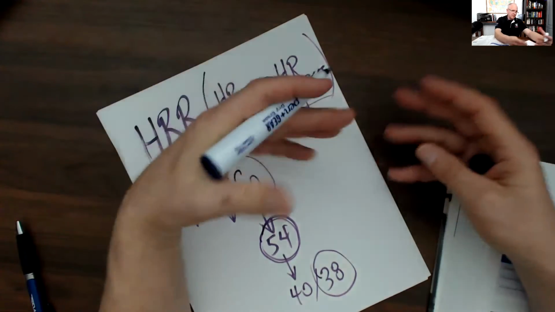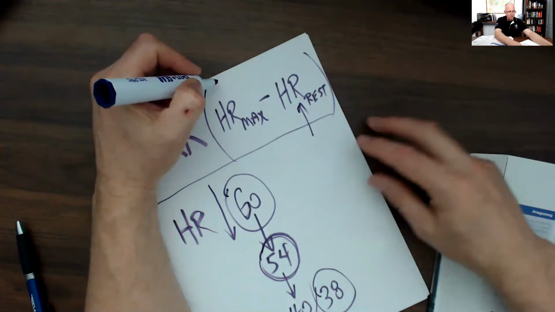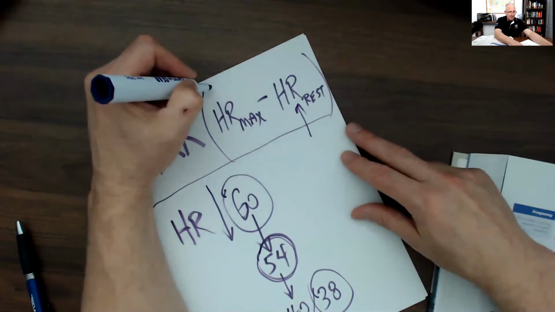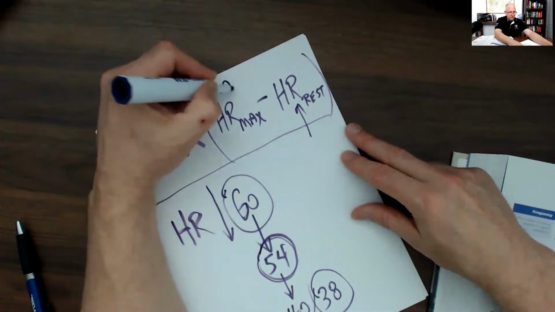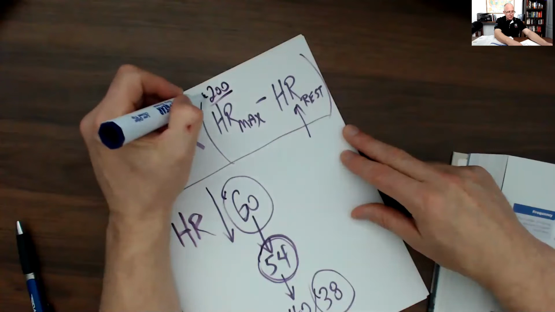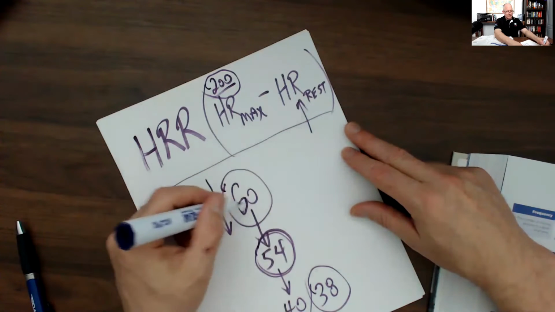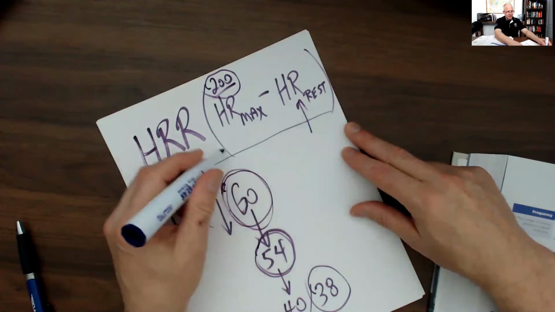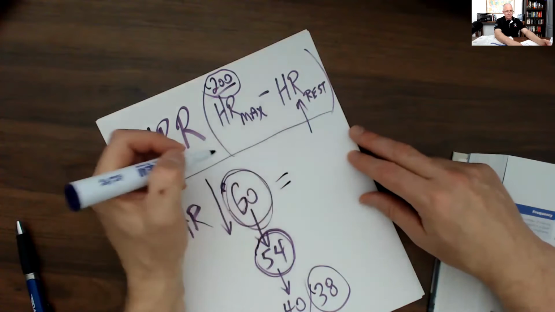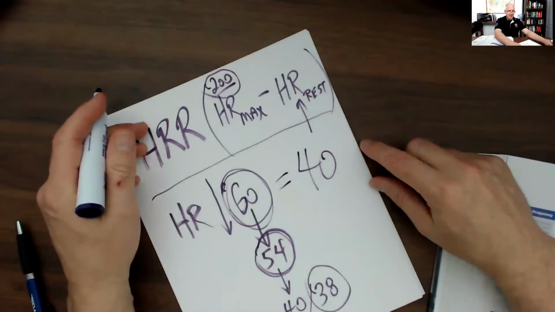So again, if they're the same age, let's just say take a 20-year-old using the 220 minus your age. A 20-year-old will have a max heart rate estimated at 200. Okay, so if I use 200 minus resting heart rate, let's use 60 for a detrained individual, my heart rate reserve is equal to 140.